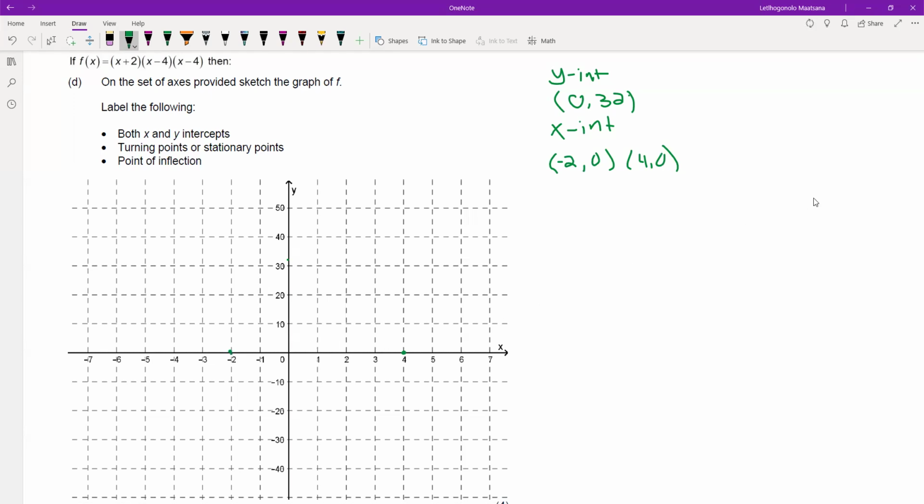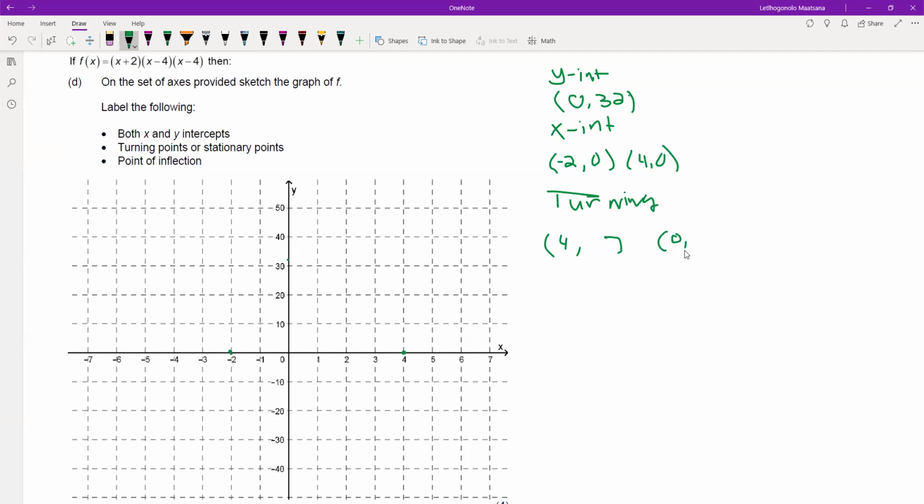Now, previously in question C, we had calculated where our derivative is equal to 0, basically calculating the x points of our turning points. For the x points of our turning points, we found 2 values. We had 4 and we also had 0.